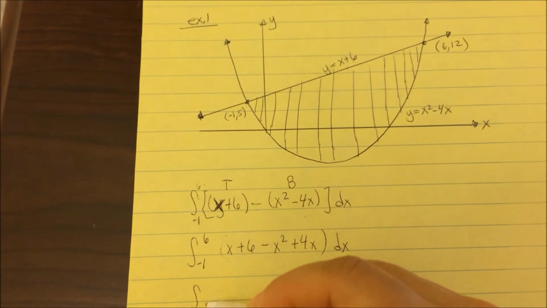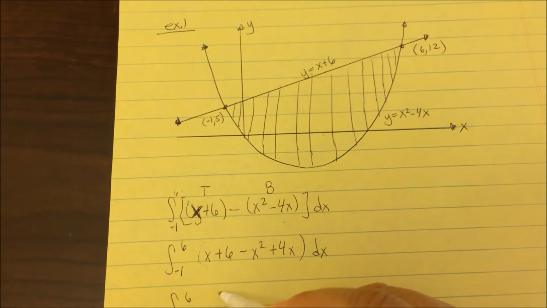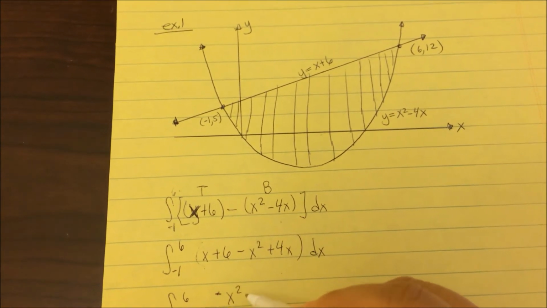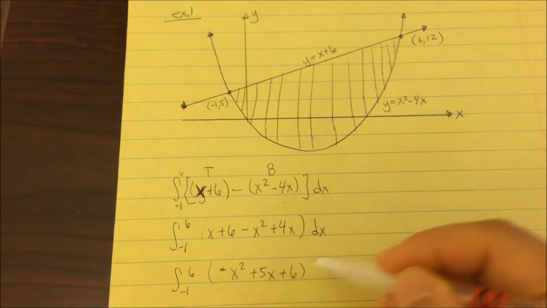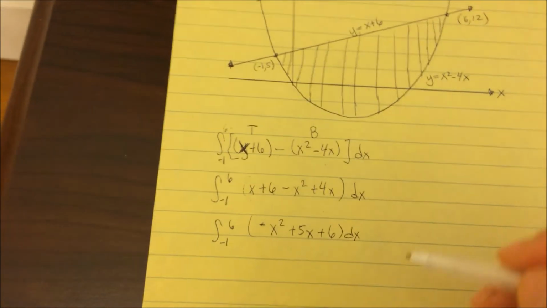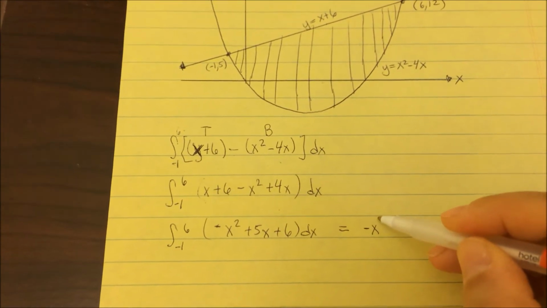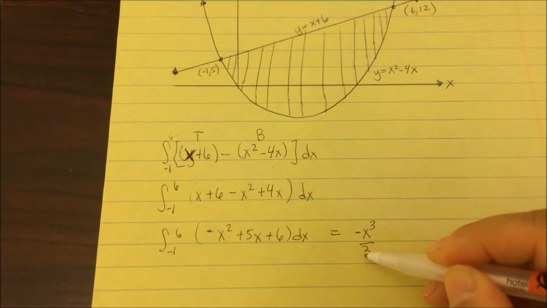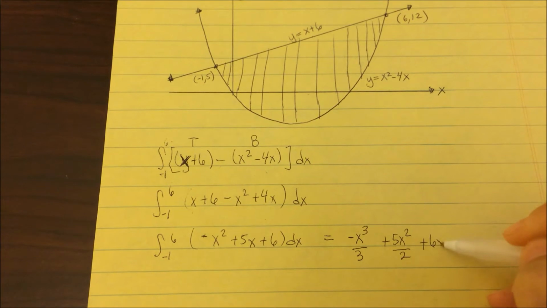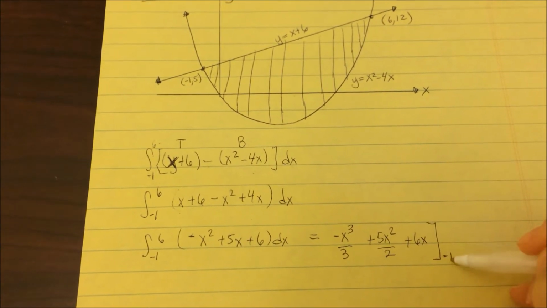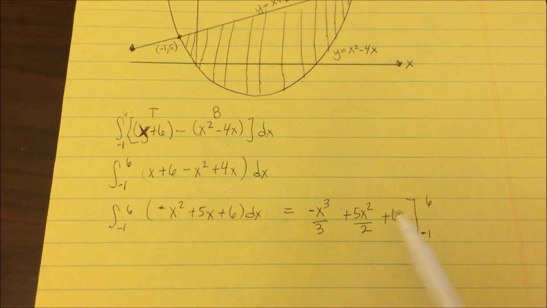So from -1 to 6, putting it in order, -x squared plus 5x plus 6, dx. Now I'm ready to take the integral. It becomes -x to the third power divided by 3, plus 5x squared over 2, plus 6x, with limits from -1 to 6. We're going to do the substitution for each of those numbers.